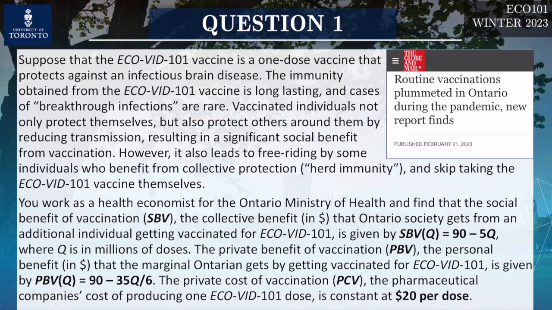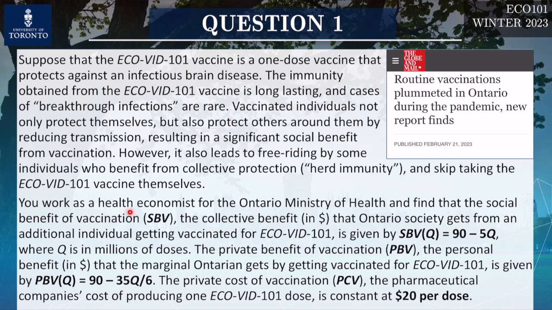Vaccinated individuals not only protect themselves, but they also protect others around them by reducing transmission of the disease, which results in a very large social benefit from vaccination. However, this also leads to free riding by some individuals who benefit from collective protection, which we also call herd immunity, and those individuals skip taking the vaccine for themselves.